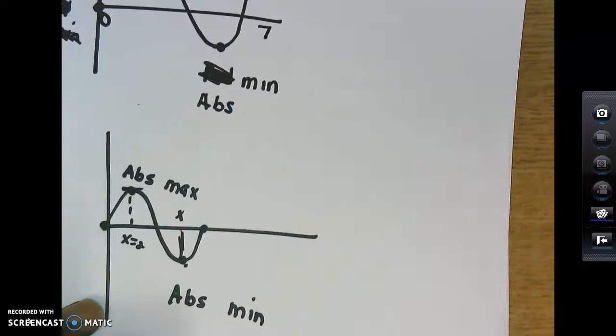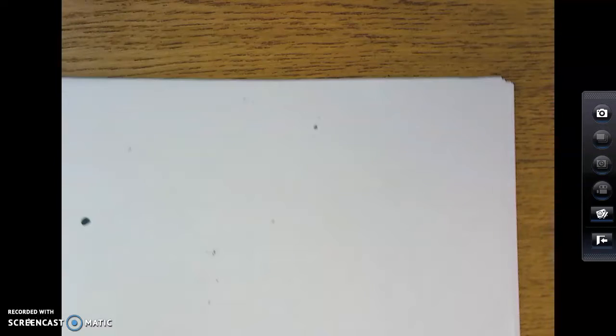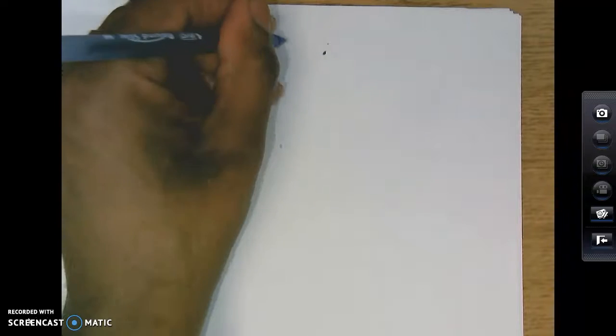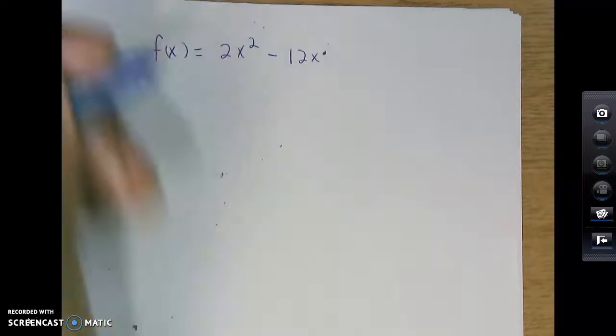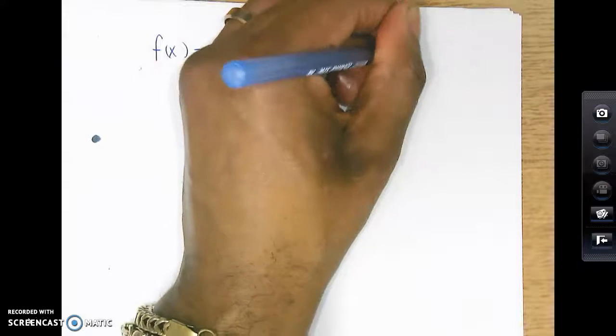So let's look at an example and go into a little deeper discussion with these problems. So I'm going to do an example here. Let's just say I had f of x is equal to 2x squared minus, let's just say, 12x, and we want to look at this interval from 0 to 5.